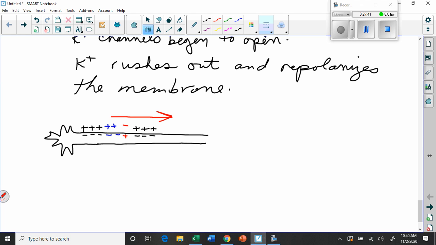So to kind of put it all in perspective, a stimulus causes the opening of sodium channels, which causes a slight depolarization. That minus 70 begins to change, 65, 60. And then it gets to a certain point. Usually once it gets to about, I didn't mention this before, but when it gets to about minus 50 millivolts, that's sometimes called the threshold potential.